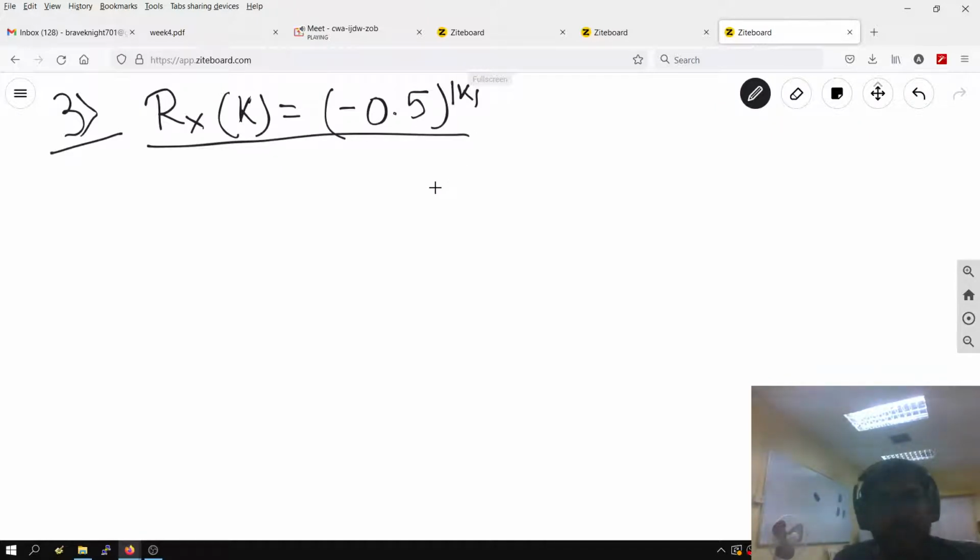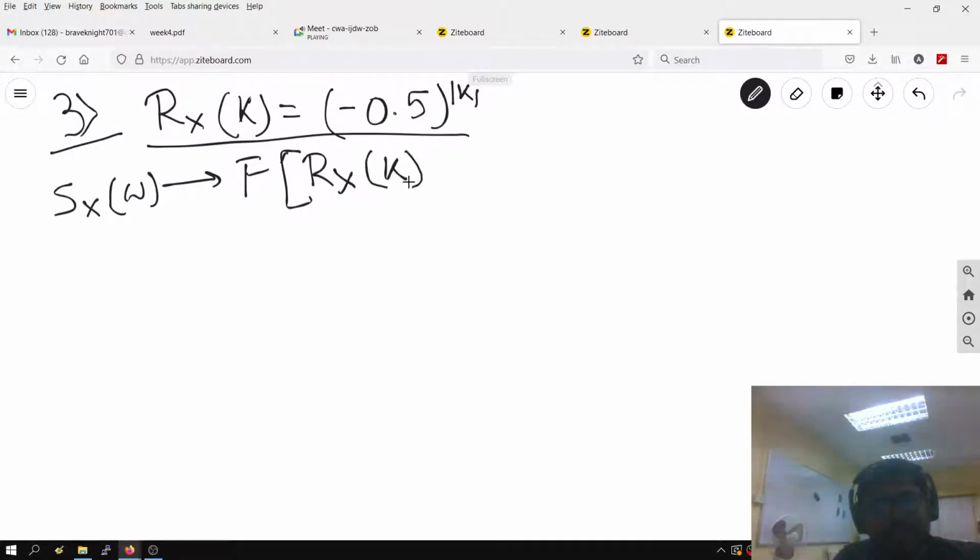So what the Wiener-Khinchin theorem says is that if I want to calculate the PSD, it is the Fourier transform of our autocorrelation function Rx(k). So let us calculate the power spectral density by doing the Fourier transform here.